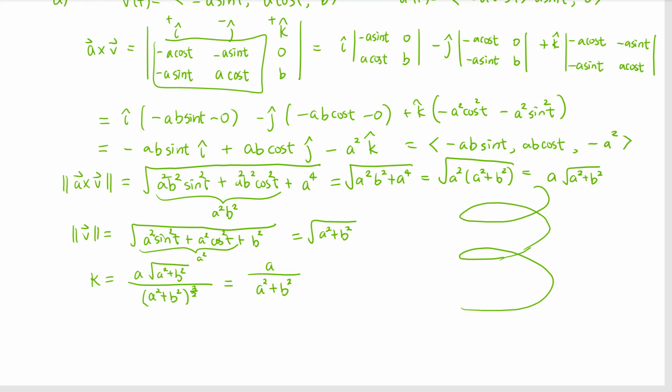What I mean is that this expression has no t in it. It does not depend on the parameter t. So that's why the curvature only depends on the shape of the curve.